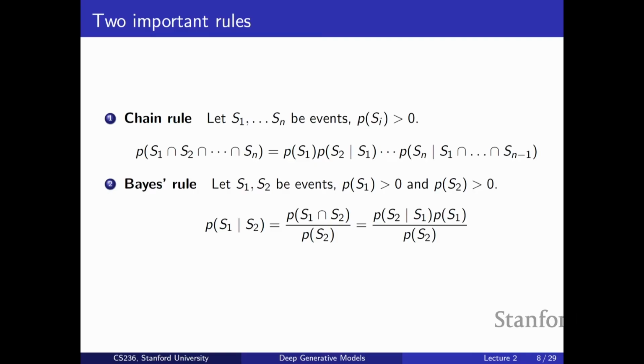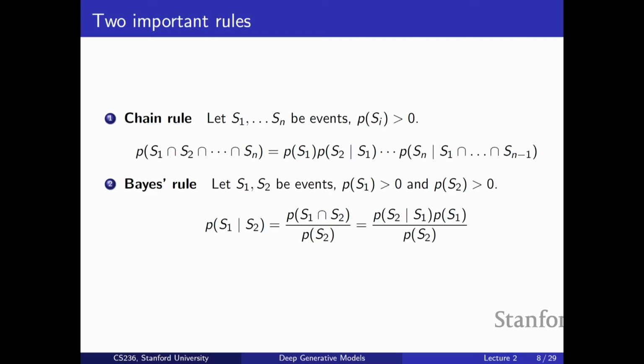And I guess a corollary of that is the famous Bayes rule, which allows you to write the conditional probability of one event given another one in terms of the prior probability and the likelihood of S2 happening given S1. The important one for now is going to be the first one, chain rule, although we're also going to use Bayes rule later. But chain rule gives you a way of writing down a joint distribution as a product of potentially simpler objects, which are these marginals or conditional probabilities.